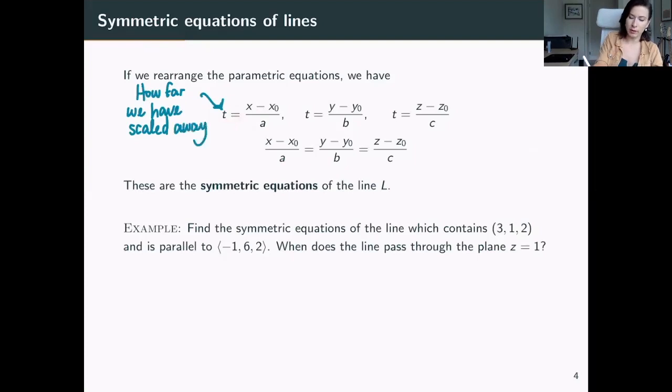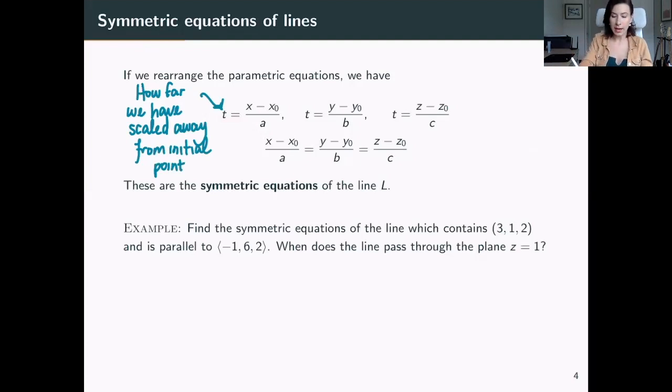And that scaling is going to be consistent in the x, y, and z directions. It will change depending on what the change in x, y, or z would be.